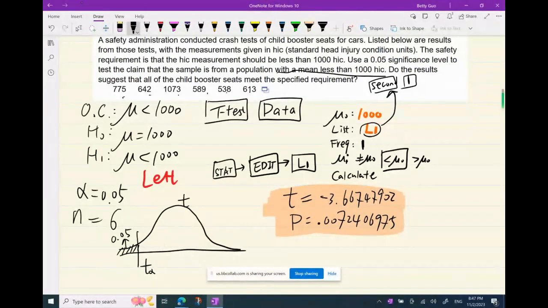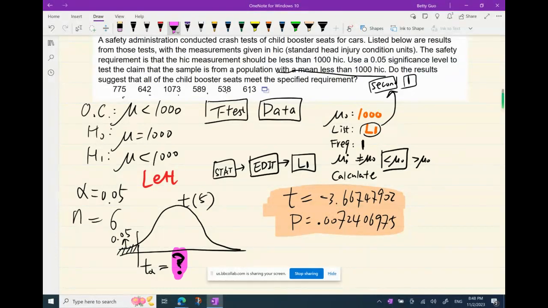This is a t distribution with degrees of freedom equal to 5. Because the time is limited, I'm not going to do that here, but I would strongly recommend you do it.